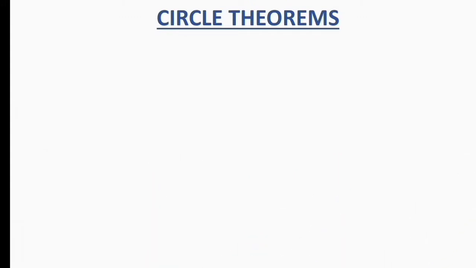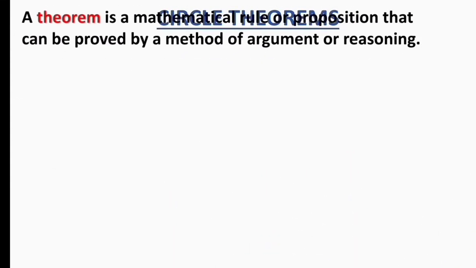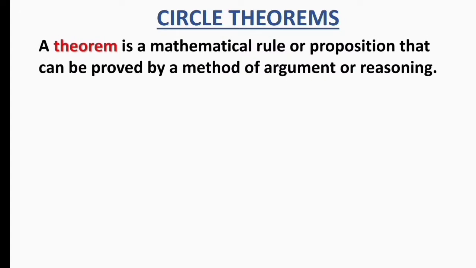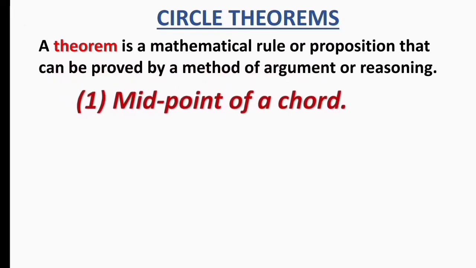Looking at circle theorems. From definition, a theorem is a mathematical rule or proposition that can be proved by a method of argument or reasoning. Some of the circle theorems that we are going to be discussing today are as follows. Number 1, the midpoint of a chord.